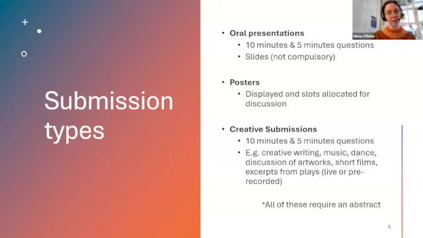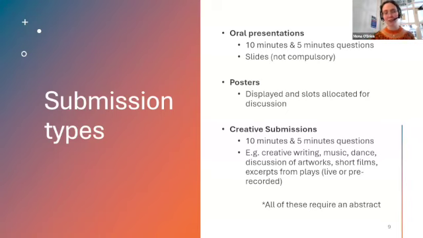And then the third and final type of submission that we have for BCUR 26 is a creative submission. Again, these would be 10 minutes long, and you would have 5 minutes for questions at the end. Creative submission is a very broad category. So if I list something that you're thinking of, or if I don't list something that you're thinking of, you can ask us.